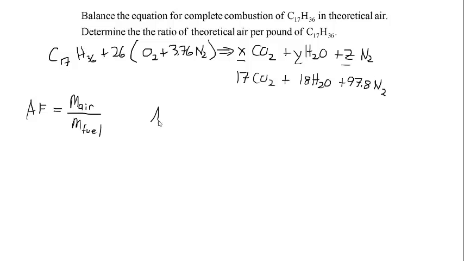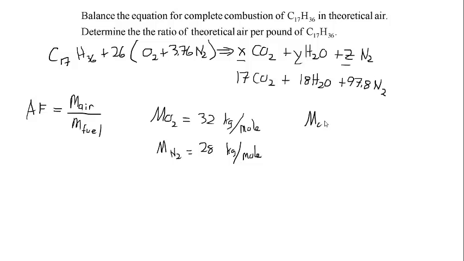So let's first look at molar masses. The molar mass of oxygen is 32 kilograms per kilomole. The molar mass of nitrogen is 28. The molar mass of carbon is 12, and the molar mass of hydrogen is 1.